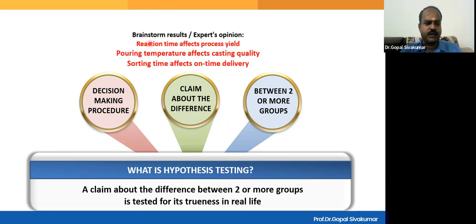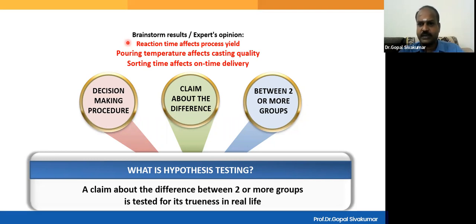For example, see here, after conducting the brainstorming and the cause and effect analysis, the experts throw up a lot of inputs, isn't it? And these are all experts' opinions, or can be considered as brainstorming results. The reaction time of a chemical process will affect the yield of the chemical process. That means if the reaction time is different, then the yield will also be different.